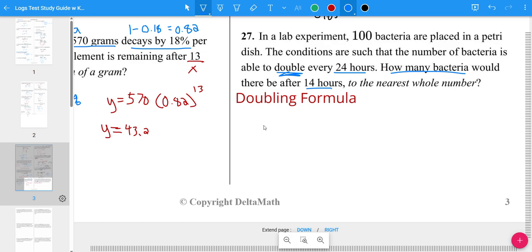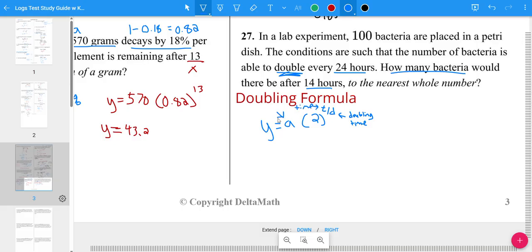So y, and this is definitely an index card type of thing, y equals a times 2. And the times 2 is because I'm doubling. And then you've got t over d. So d is how long it takes to double. So the doubling time. T is the time they give you.